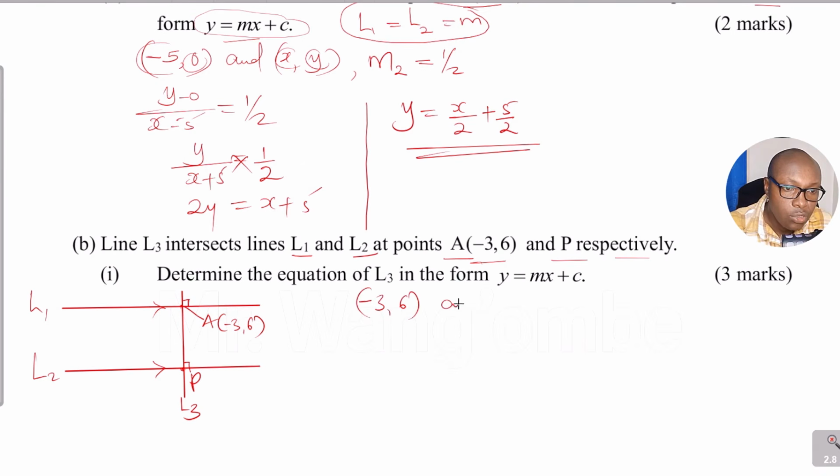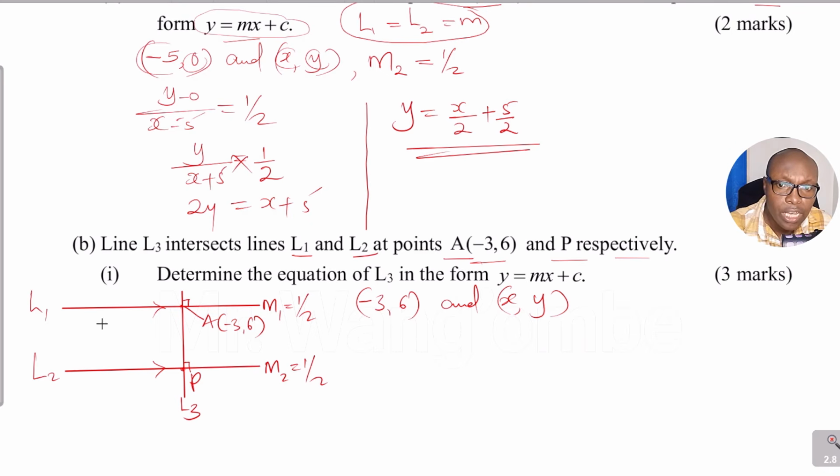So let us introduce another general point in order to get the equation easily. x, y on the same line. What we are missing is the gradient. This is how we get the gradient. Because we know the gradient of L1 is a half, and the gradient of L2 is the same, a half. This concept is going to help us. When two straight lines are perpendicular to one another, then the product of their gradients should give -1.